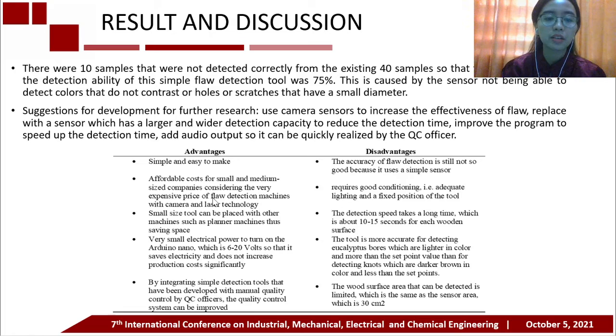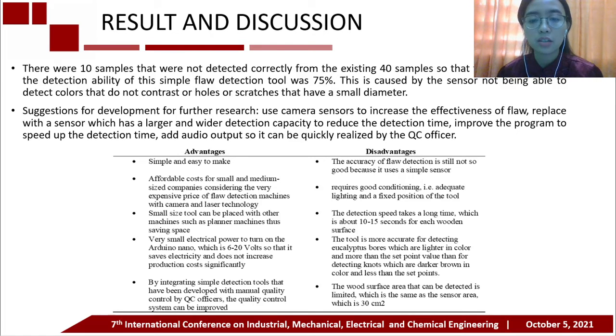This tool has an affordable cost for small and medium industry, is small in size, and can be placed with other machines. Very small electrical power doesn't increase production cost significantly. And then by integrating this tool with a QC officer, the quality control system can be improved.